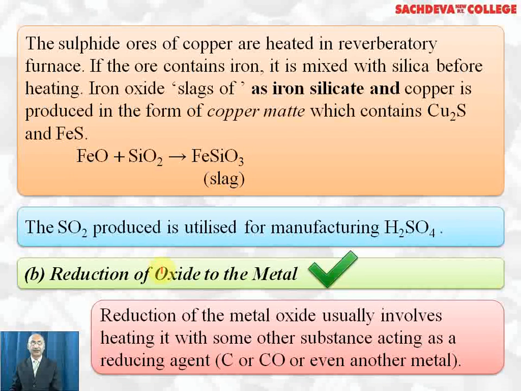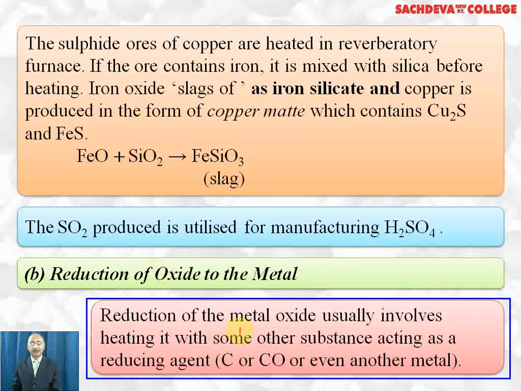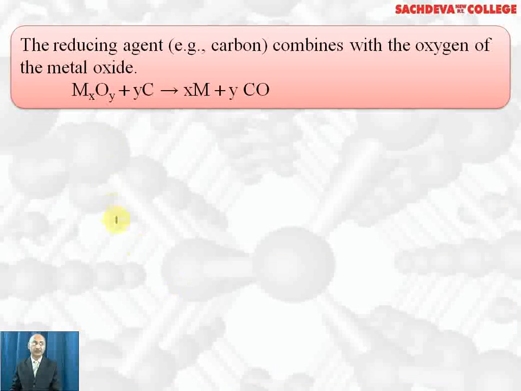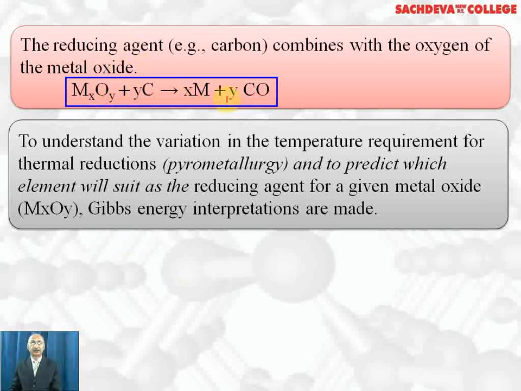Reduction of oxide into metal. Reduction of metal oxide usually involves heating with some other substance, usually a reducing agent, carbon or carbon monoxide, and even another metal can be used as a reducing agent, depending upon which metallic oxide we want to reduce. The reducing agent carbon can reduce some of the metal oxides, not all metal oxides. It will give metal, and carbon monoxide will be formed.